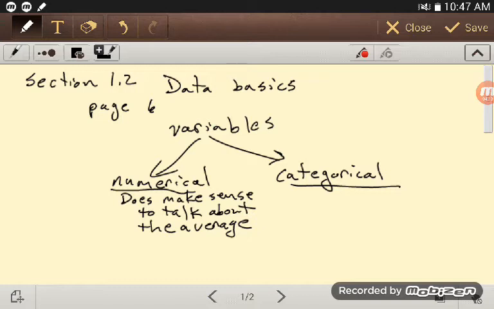That makes no sense, right? So, floors, even though they go in order and we do use numbers, we would still call those categorical and not numerical. And so, if it makes sense to talk about the average, there's a good chance it's numerical. If it doesn't, there's a good chance it's categorical.